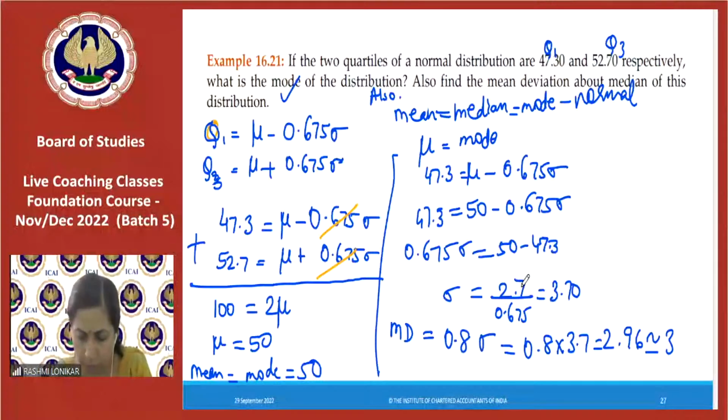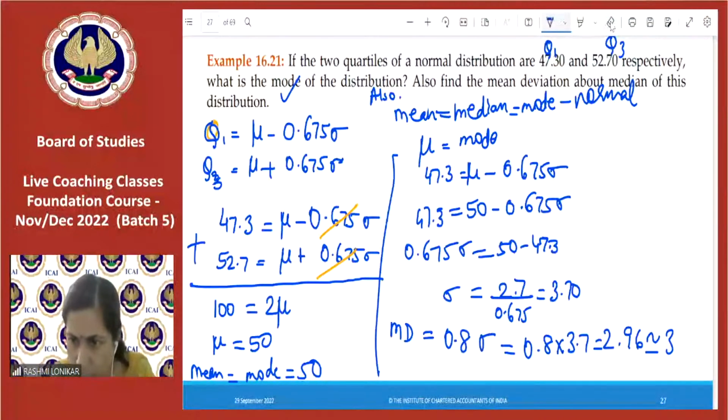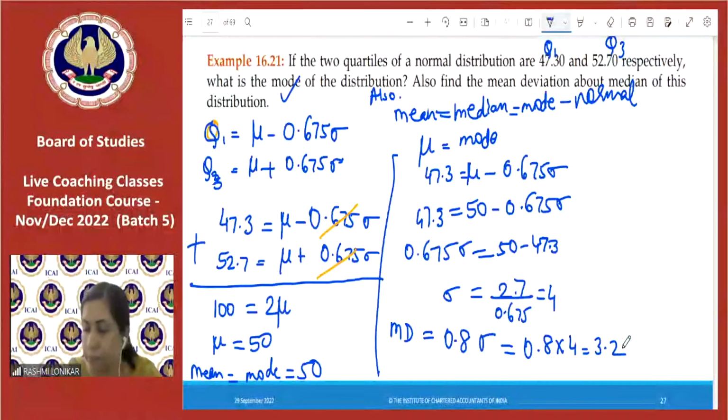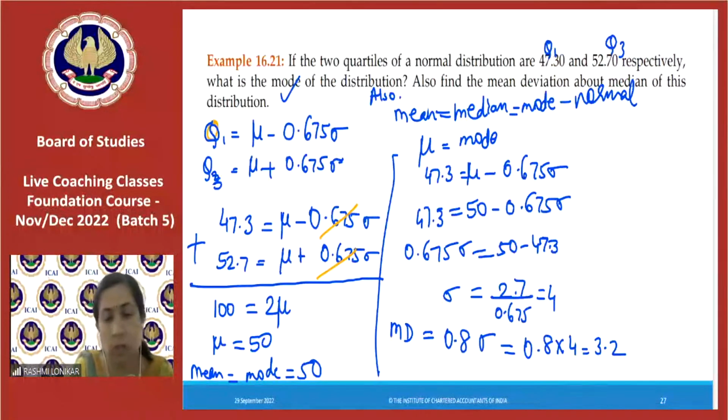That divided by 0.675 gives you 4. Okay, it's already given as 4, so I don't have to worry. Sigma is equal to 4. So 0.8 into 4 is equal to 3.2. So this is what we get on solving this.